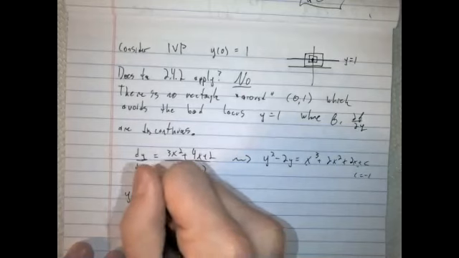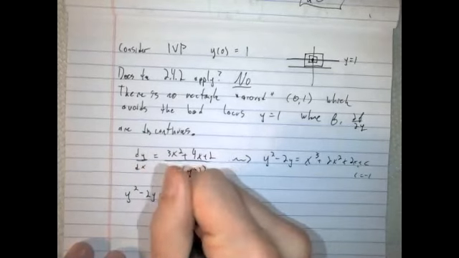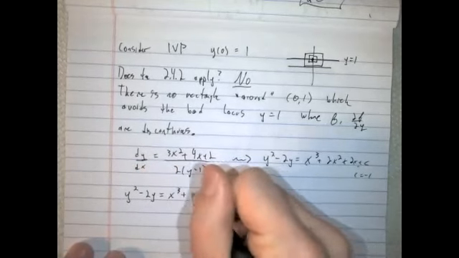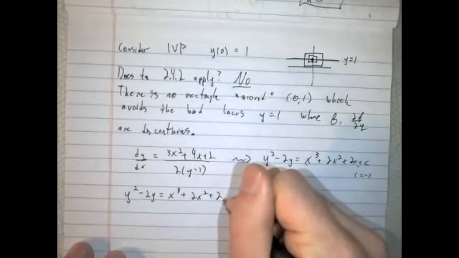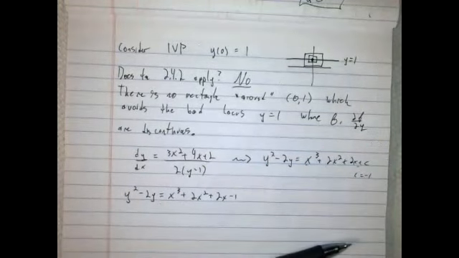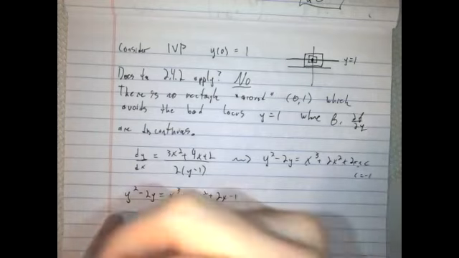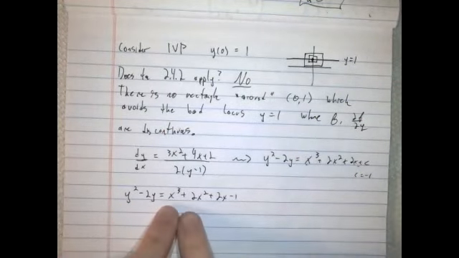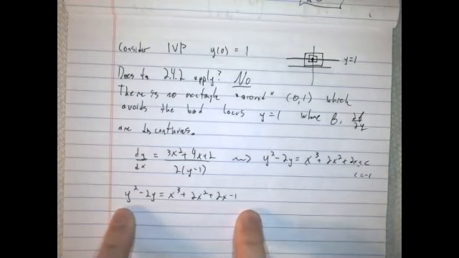So what I have is y squared minus 2y is equal to x cubed plus 2x squared plus 2x minus 1. So here is not a solution, but an equation which implicitly defines solutions, right?